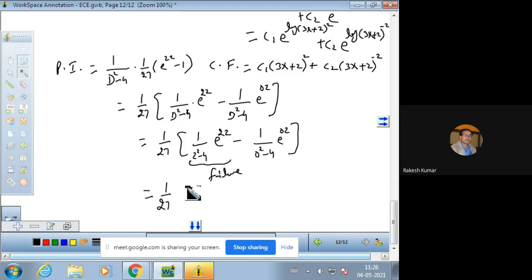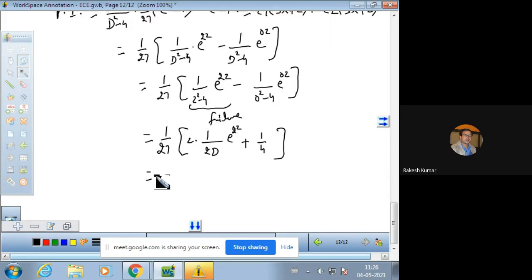So if it is a case of failure, you will multiply this factor with z and find the derivative of the denominator. So the derivative of the denominator, D square, will be 2D, e raised to power 2z minus. This is a minus minus plus 1 upon 4.